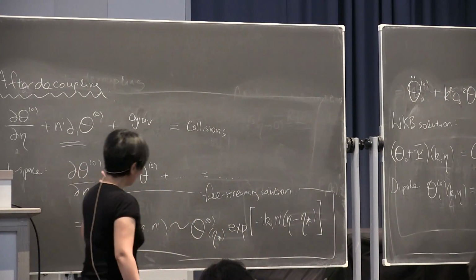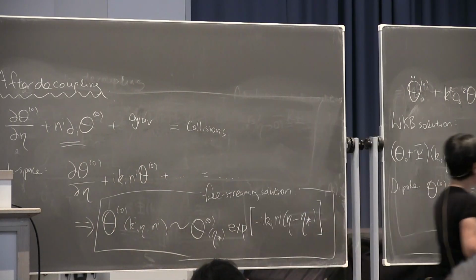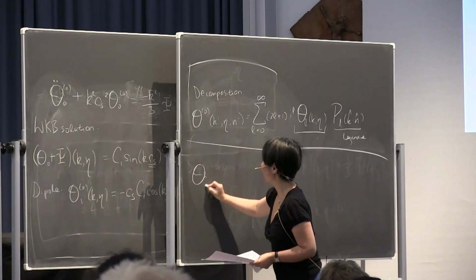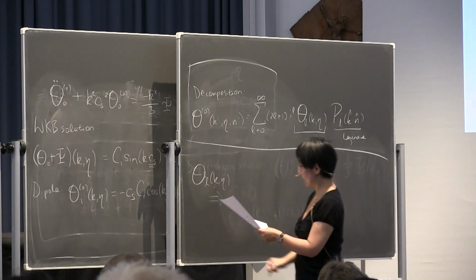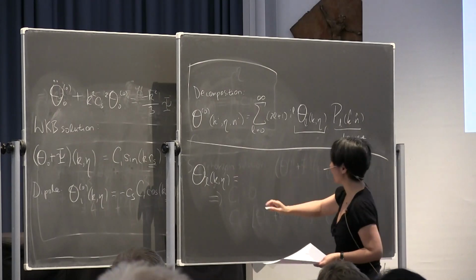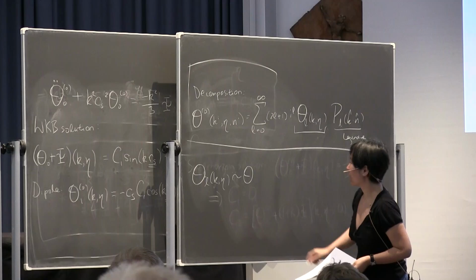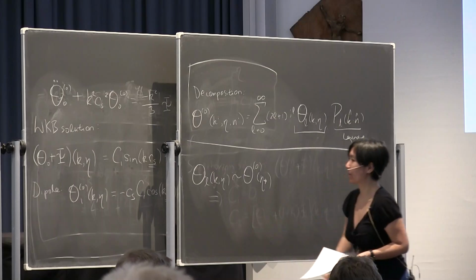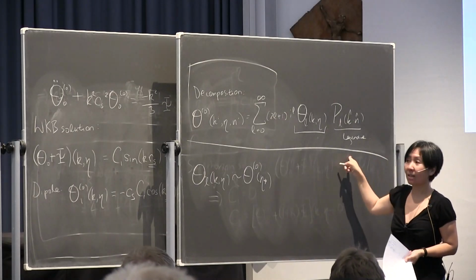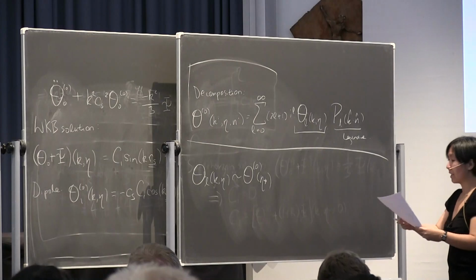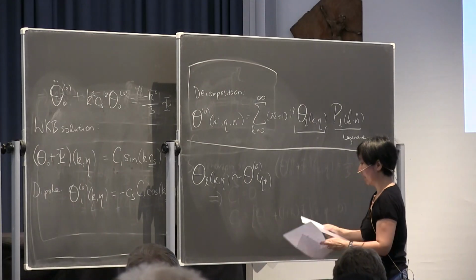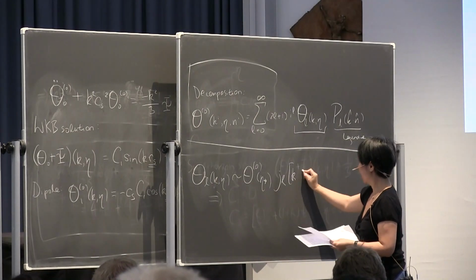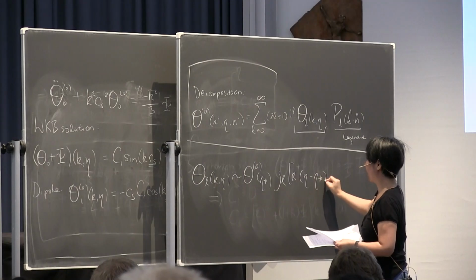Then, if you do that, it's quite straightforward what you should expect to see. I will have θ_l(k, η), and I'll still have the dependence on the initial conditions, which will be θ₀ evaluated on the last scattering surface. And what the decomposition does to the plane wave there is to turn it into a set of spherical Bessel functions, j_l(k(η − η*)).